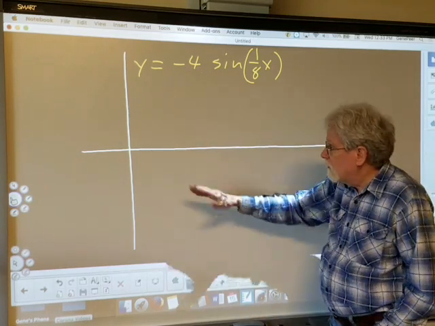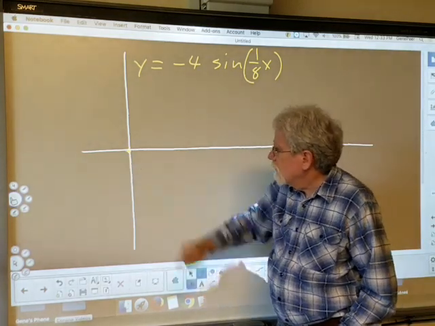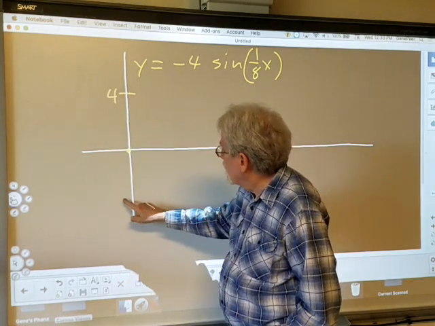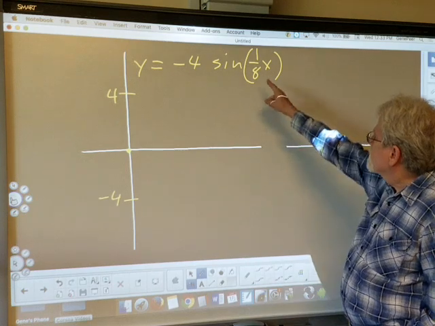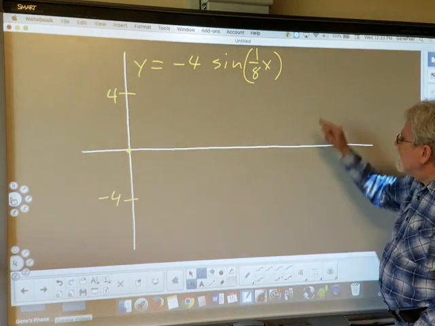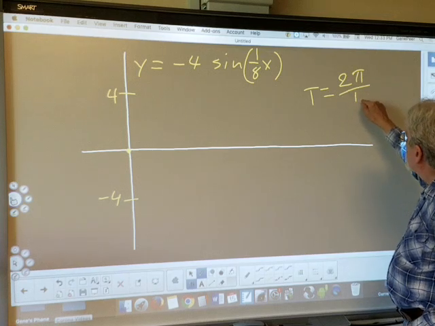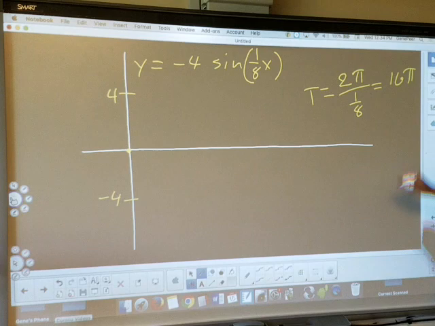It's going to go down, not up. Sine starts here. Let's put 4 here, and we'll put -4 here. Omega is 1/8. So the period is 2 pi over omega, which is going to be 16 pi. This thing's really big, really wide, I should say.